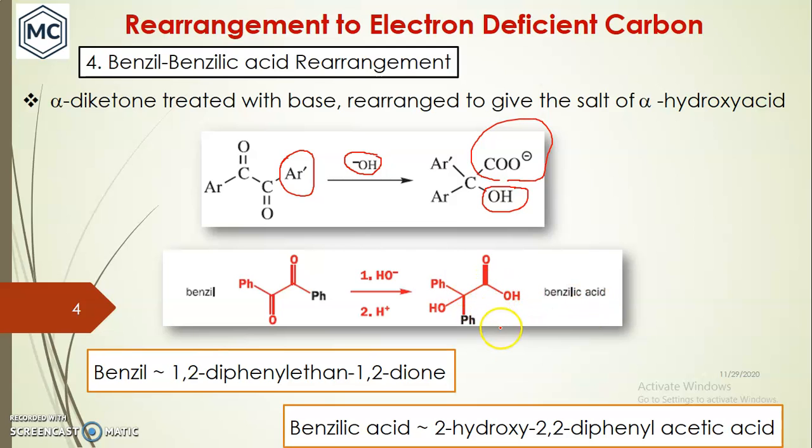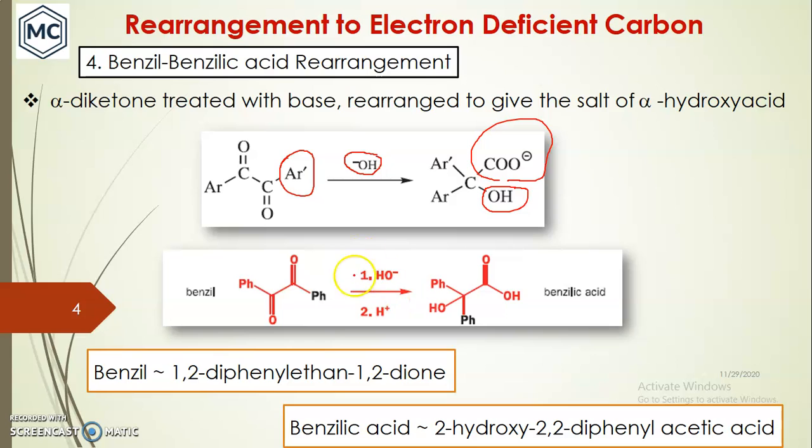This is benzilic acid. Benzilic acid, the name is 2-hydroxy-2,2-diphenylacetic acid. So you have an acetic acid here, and at this carbon there are two phenyl groups and a hydroxy group. This is called benzilic acid.